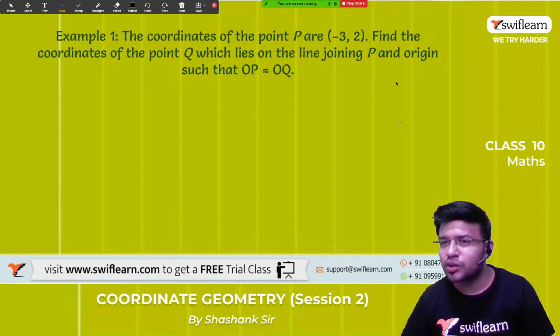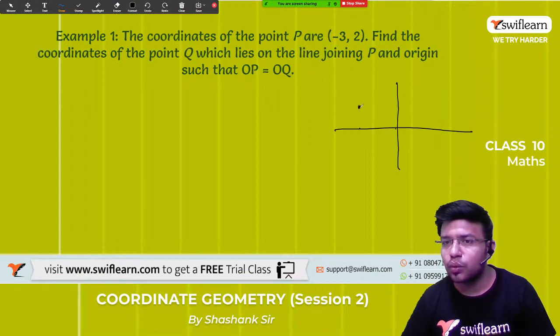Okay, so what क्या बोले है? Let me brief you out this question. Okay, Cartesian plane है, there is a point P which is minus 3, 2. If you want to plot this roughly, minus 3, 2. ठीक है, this is where the point P is there. Now another point where it is at the origin. O is 0, 0.